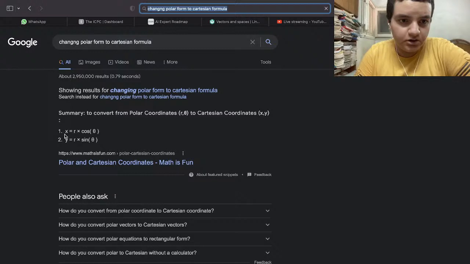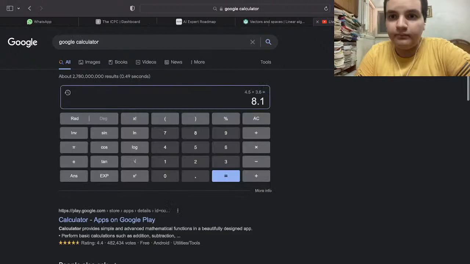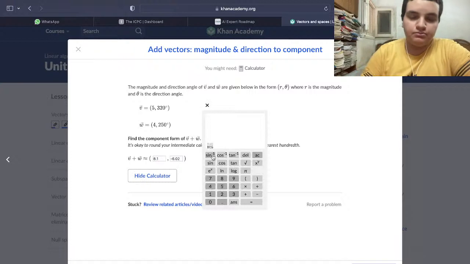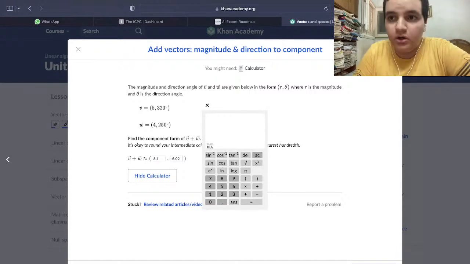I don't know why this happened. So maybe Google Calculator is not good. So we'll write, so we want, oh, it used radians. Okay, that's good.